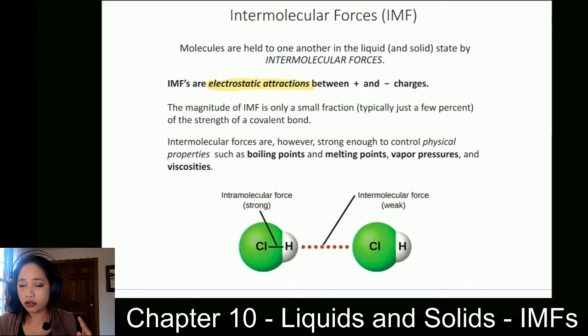Those forces are strong enough to control physical properties such as boiling points, melting points, vapor pressures, and viscosities. We'll see that it's a simple trend. As intermolecular forces go up in a sample, there's a certain trend in boiling point, melting point, vapor pressure, and viscosity. We'll talk about the trends after we've introduced all of the intermolecular forces.